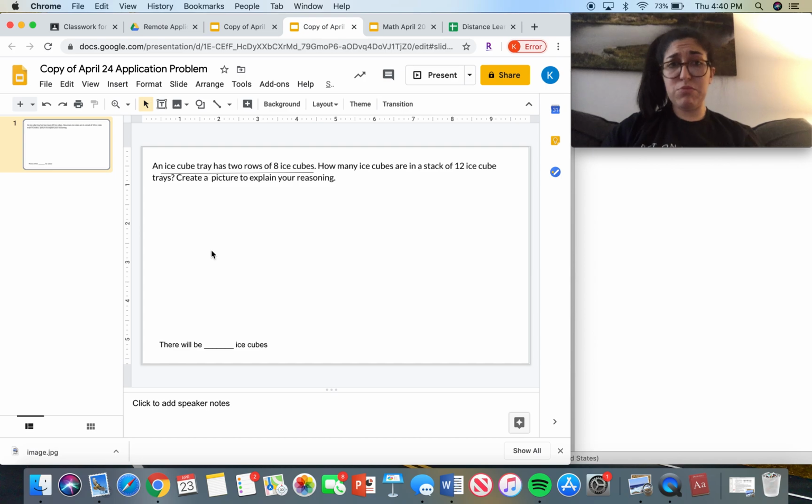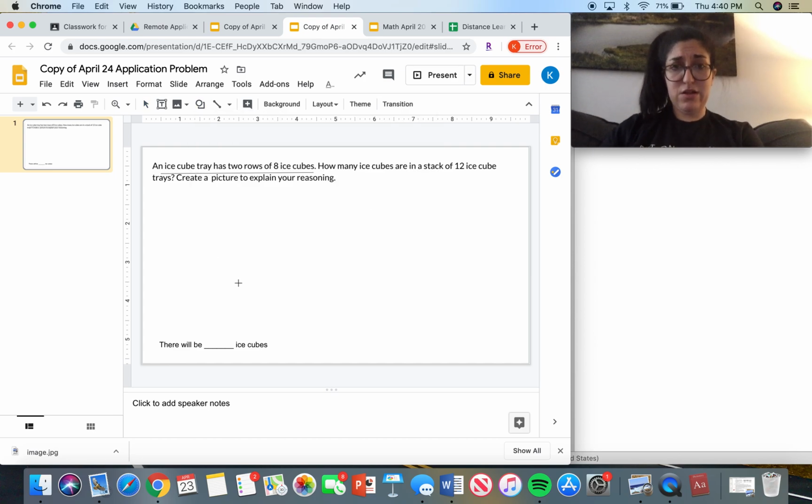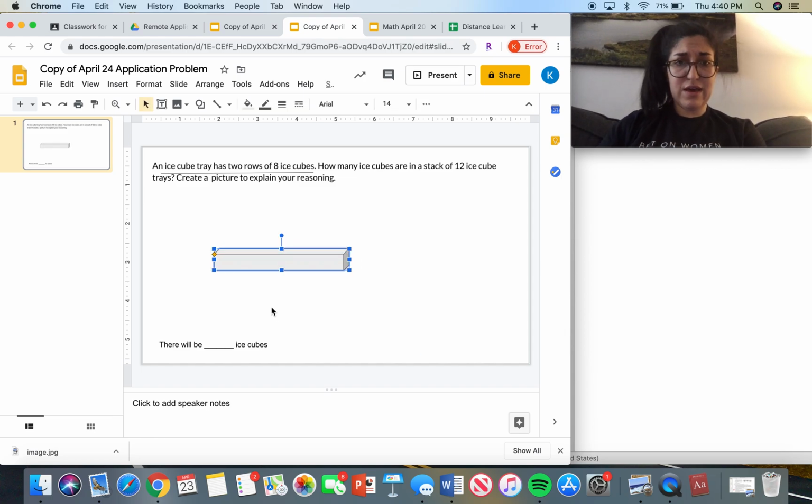So for 1 ice cube tray, instead of doing it like that, which could take a while, I'm actually going to just draw it like this.